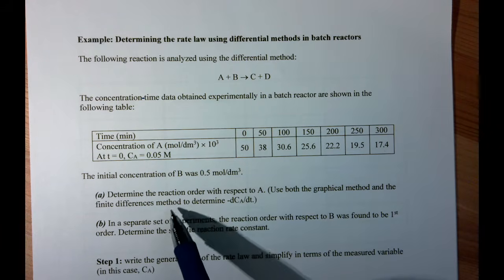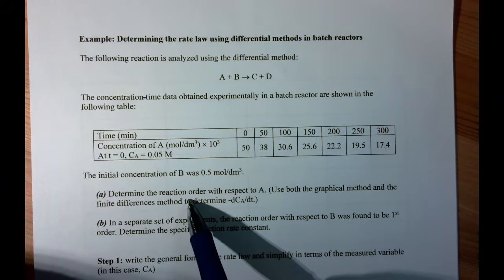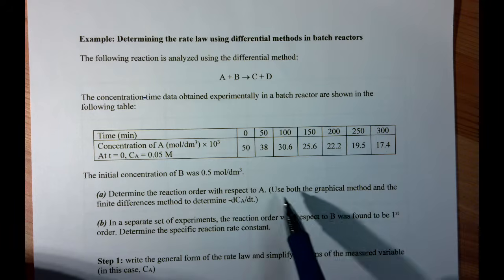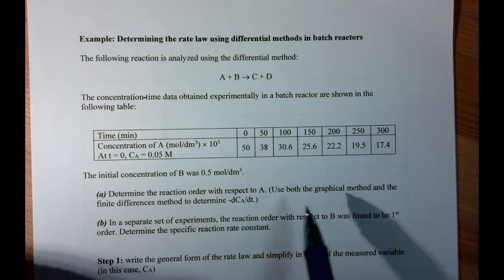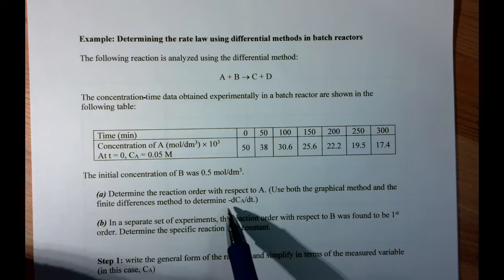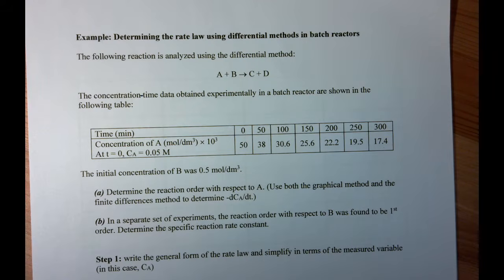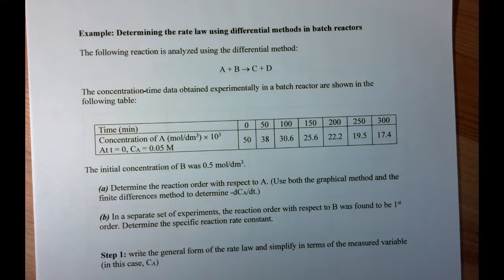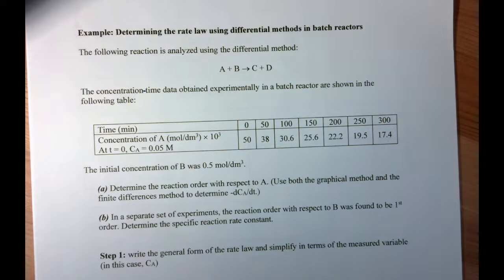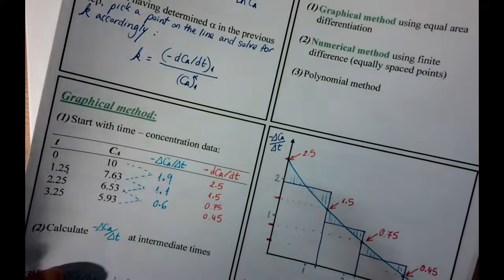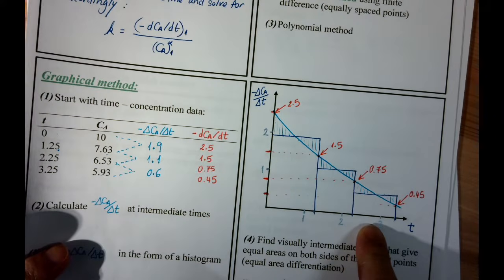Now, in part A of the problem, we're asked to determine the reaction order with respect to A, using both the graphical method and the finite differences method to determine dCA dt. The finite differences method is the graphical method that we used over here to determine dCA dt.